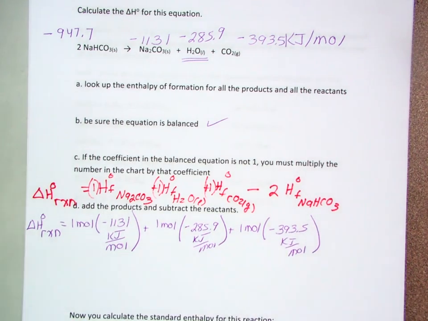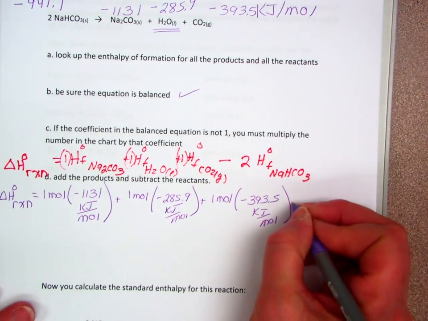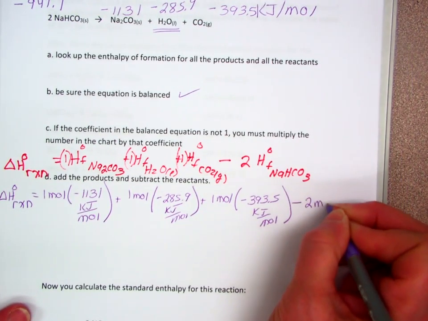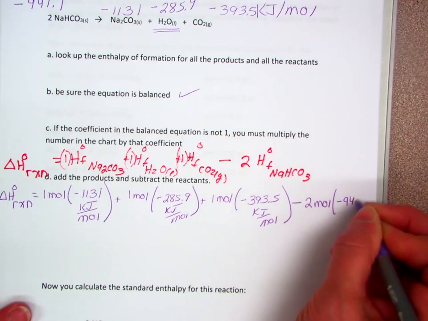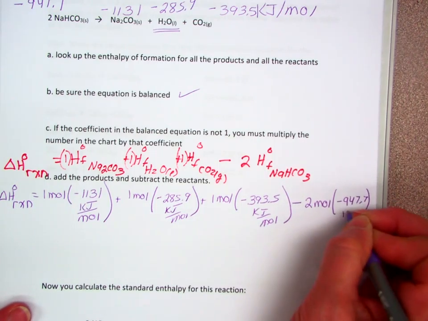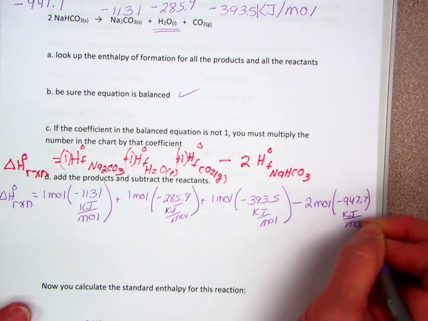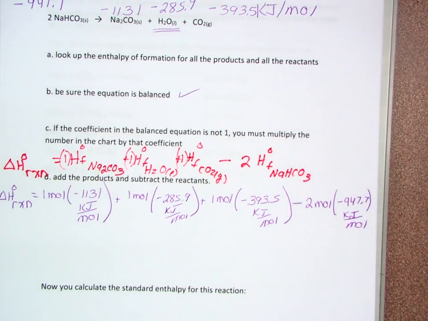Now I've added in all my products. Now I'm going to subtract my reactants. Minus 2 moles of sodium hydrogen carbonate times negative 947.7 kilojoules per mole. So we add in the products, we subtract out the reactants.